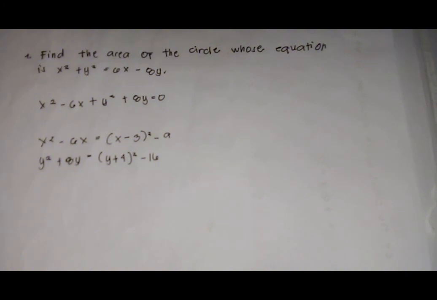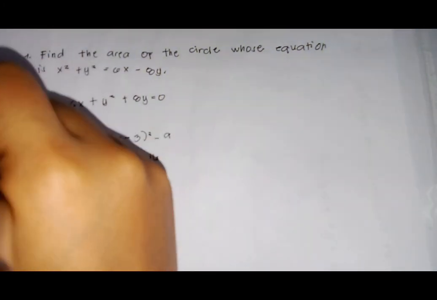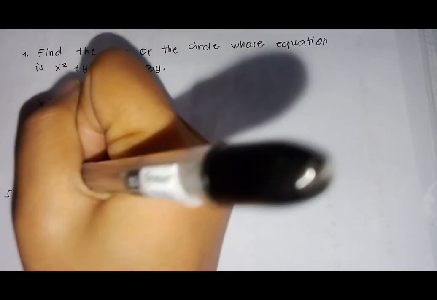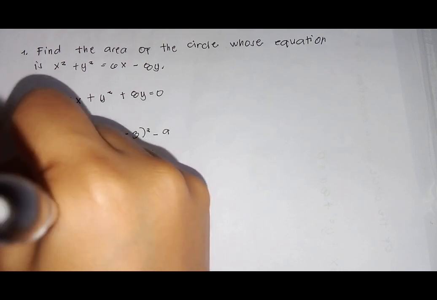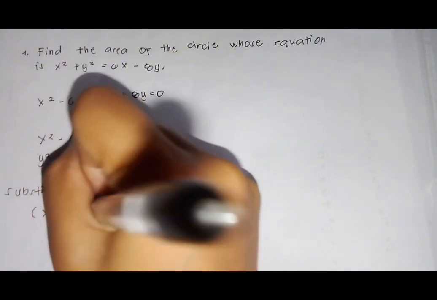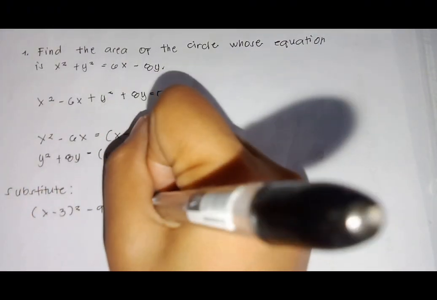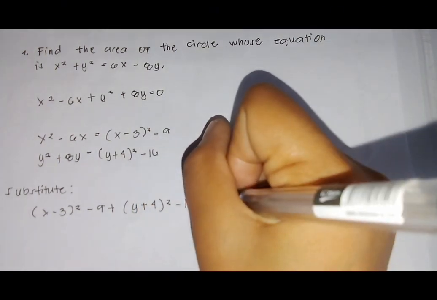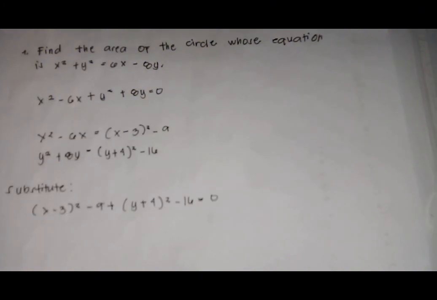To substitute, we have here (x minus 3) squared minus 9 plus (y plus 4) squared minus 16 is equal to 0. So simplify the constant.